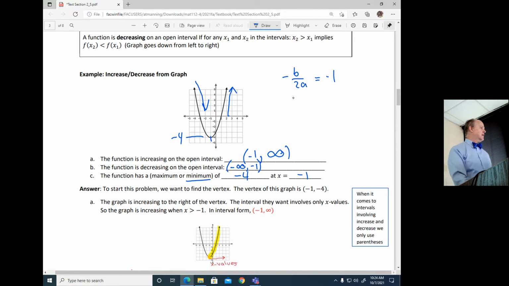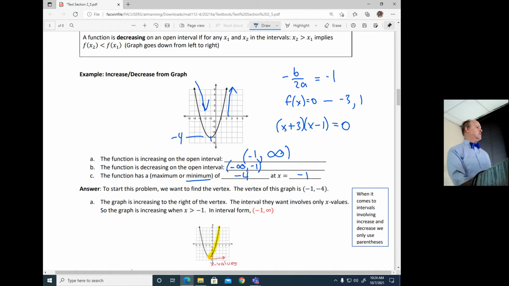So if the solutions for f of x equals 0 are at x equals negative 3 and positive 1, then I know that that's going to be x plus 3 times x minus 1 equals 0.